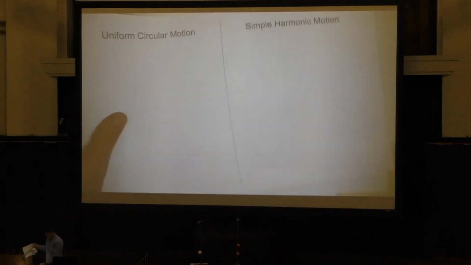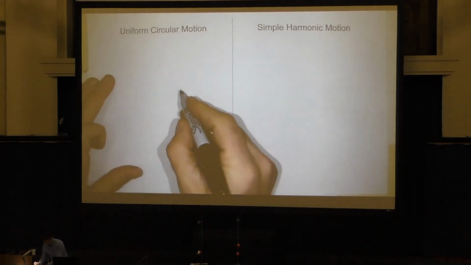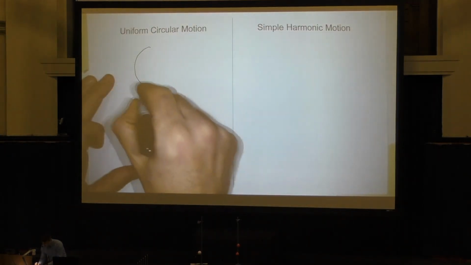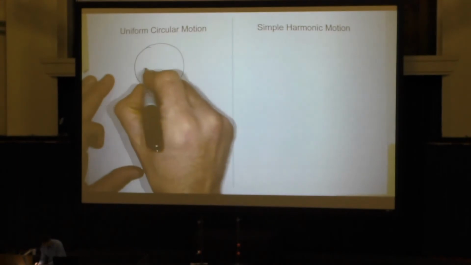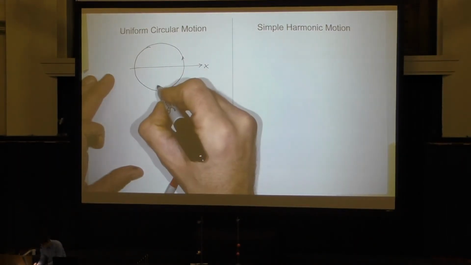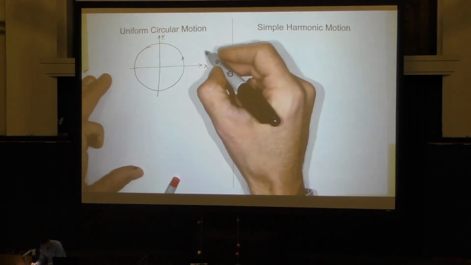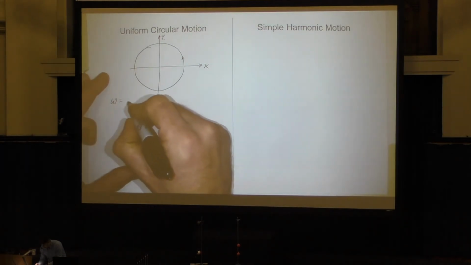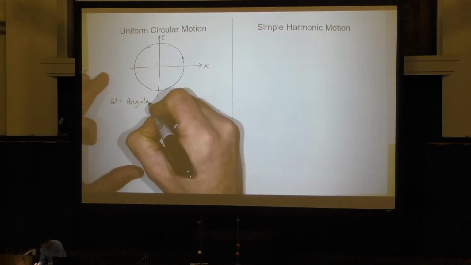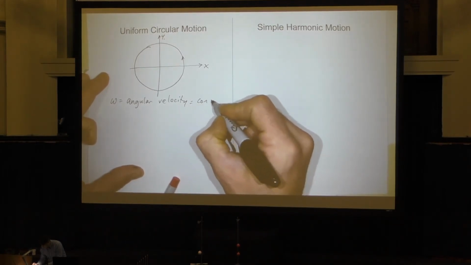Okay, so I want to just tell you something interesting about uniform circular motion versus simple harmonic motion. Seemingly unrelated, but uniform circular motion is when you're going around in a circle. I'll draw it like this. Here's the x-axis, here's the y-axis, and you have some omega equal to the angular velocity, which is a constant.